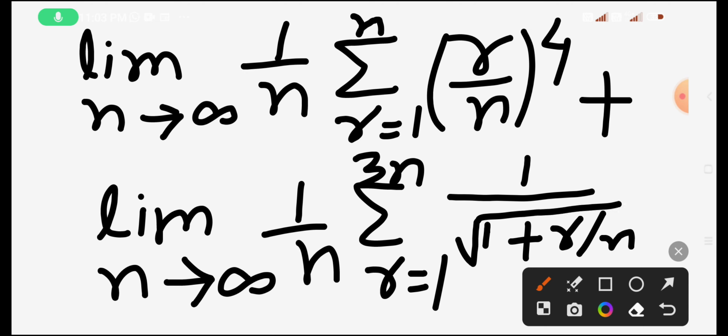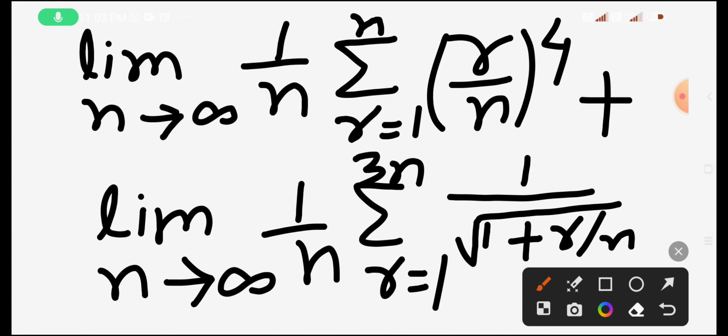If you don't understand this, you can expand, and after expansion you will notice that you are getting the same thing as in the question.